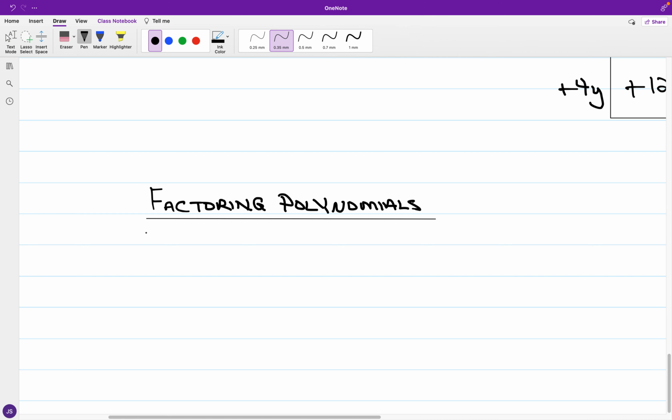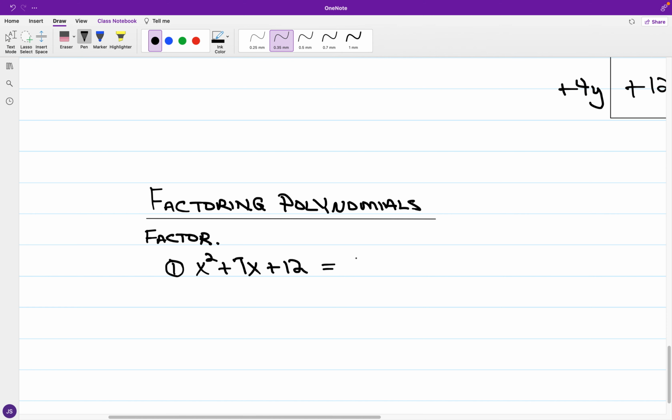Okay, and let's say you're looking at factoring the following. For the first item, we'll say we have x squared plus 7x plus 12.